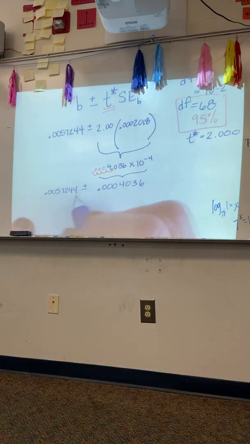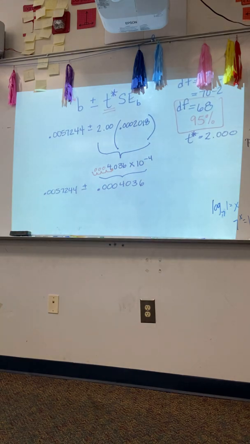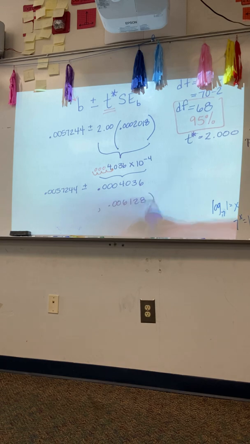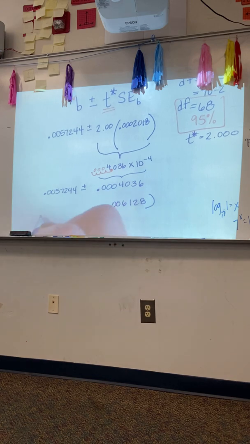All right, so let's go ahead and do the minus version and the plus version. So I'm going to add. And make sure that's what I got. Yep. .005.